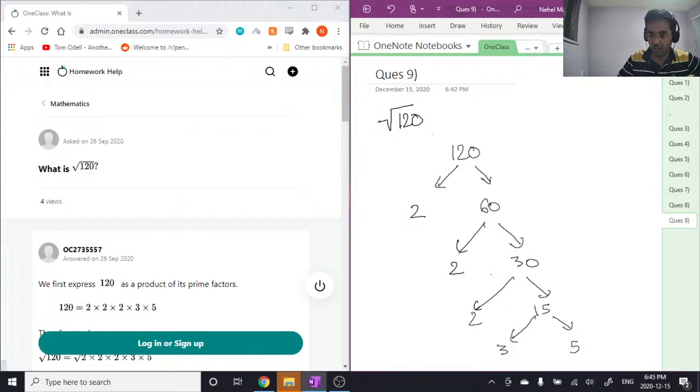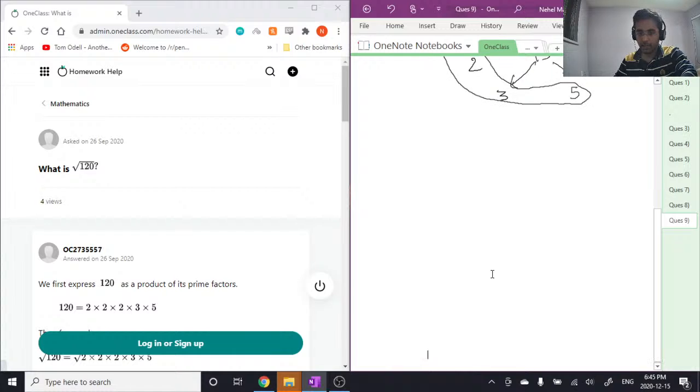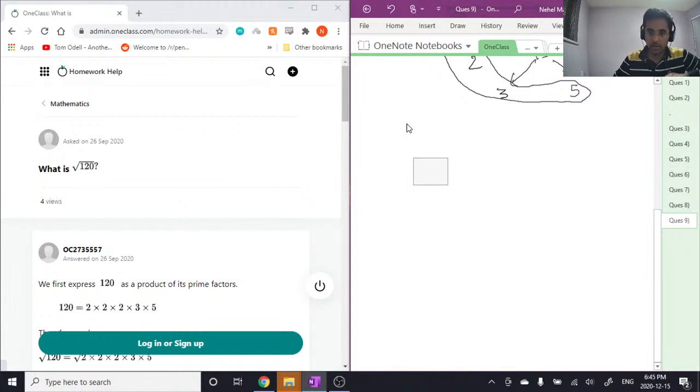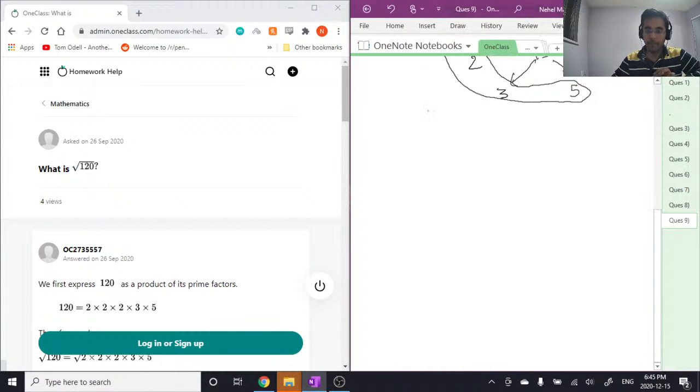So basically, these numbers are the prime factors of 120. So 120 can be written as 120 is equal to 2 times 2 times 2 times 3 times 5.